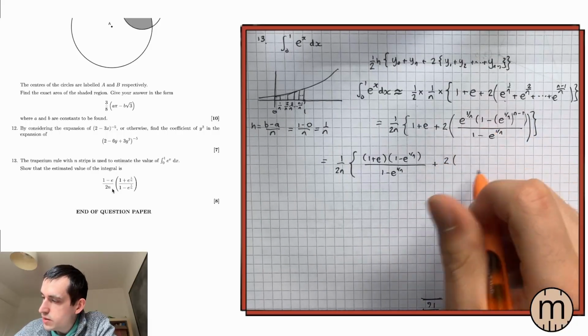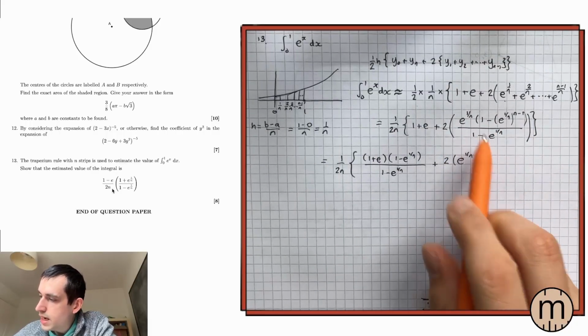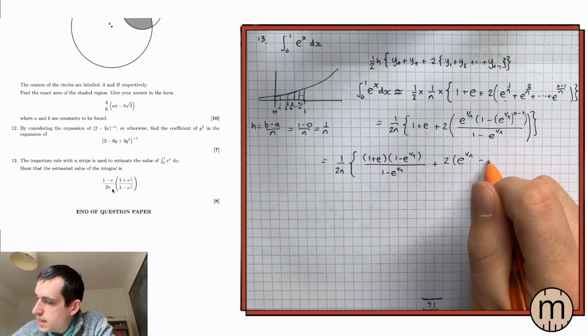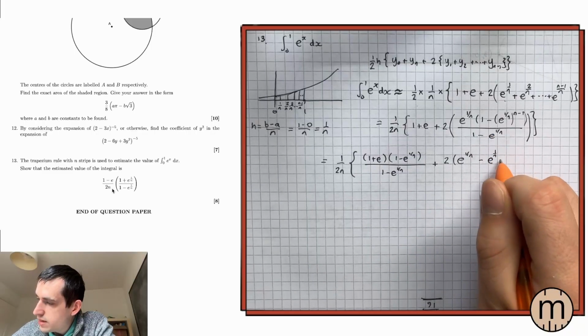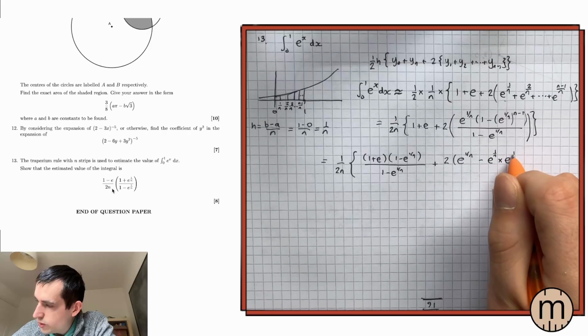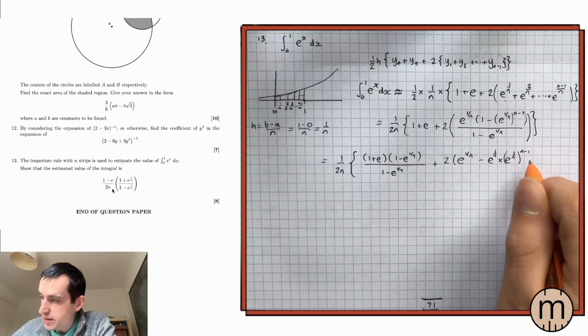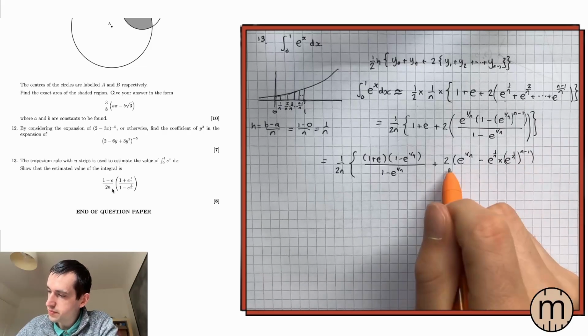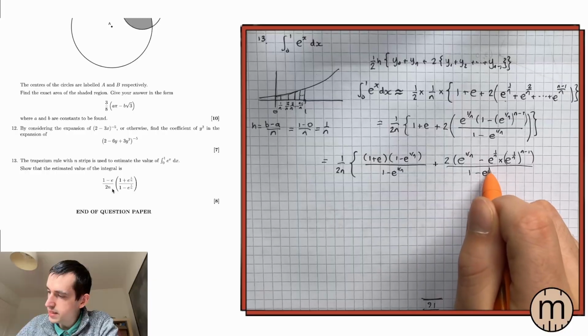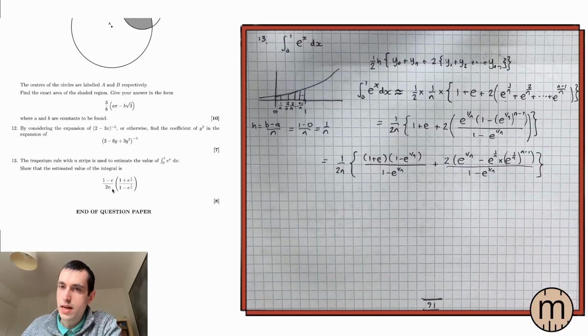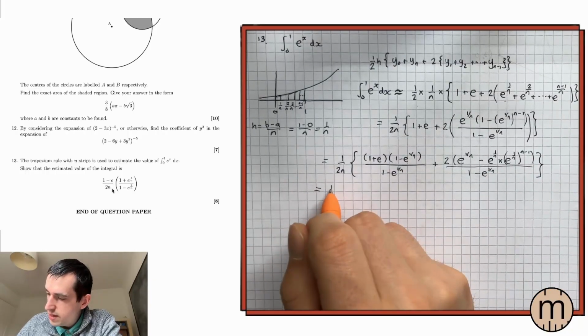So e to the 1 over n times 1, and then minus e to the 1 over n times by e to the 1 over n to the power of n minus 1. What an expression. Same denominator. I can assure you this does simplify.